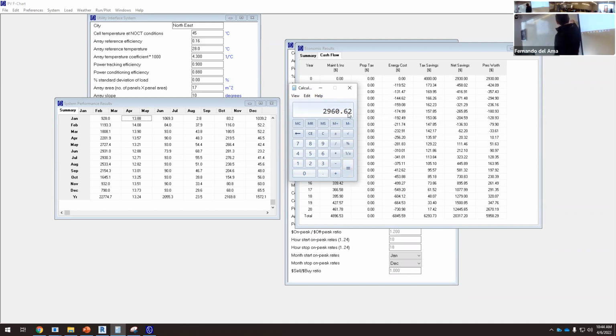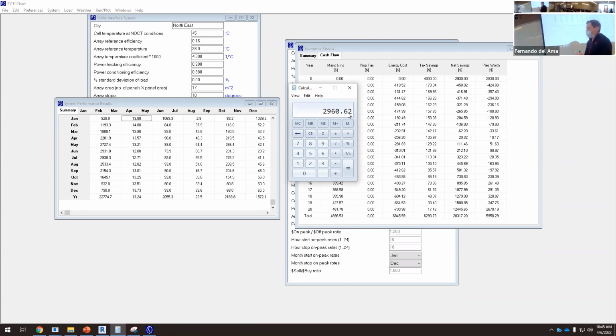That's Revit. And the PV chart is 2,960 kilowatt hour per year. Well, it's like the average between this one and that one.